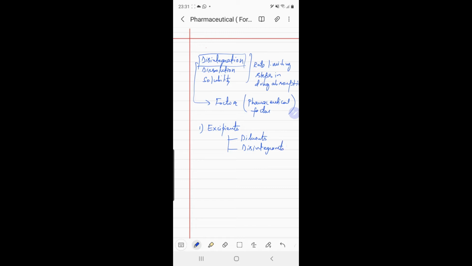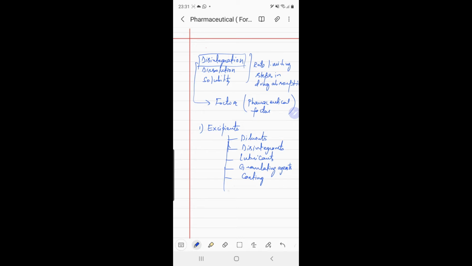We are using the lubricants, the granulating agents, which are mostly the binding agents, and many coatings also, so coating agents, and some dyes also.